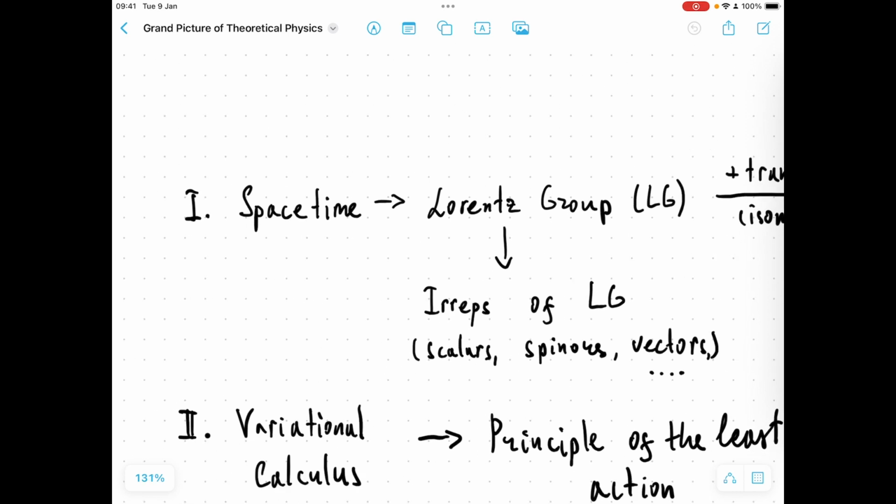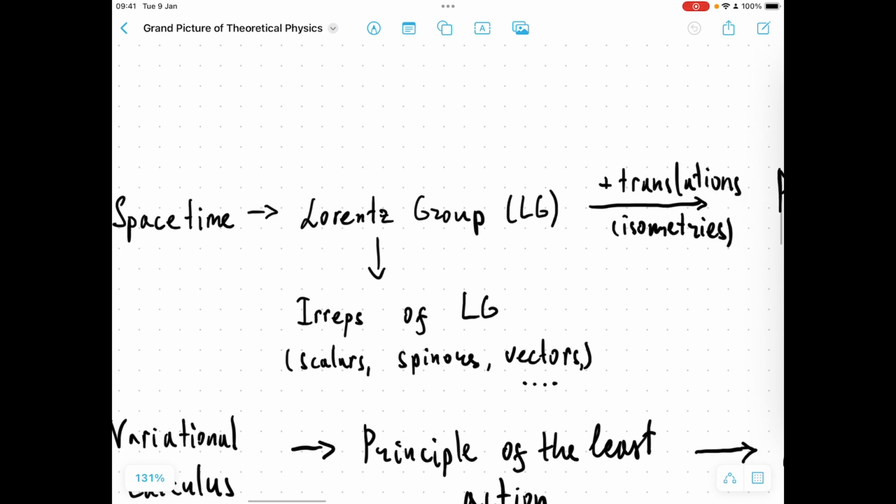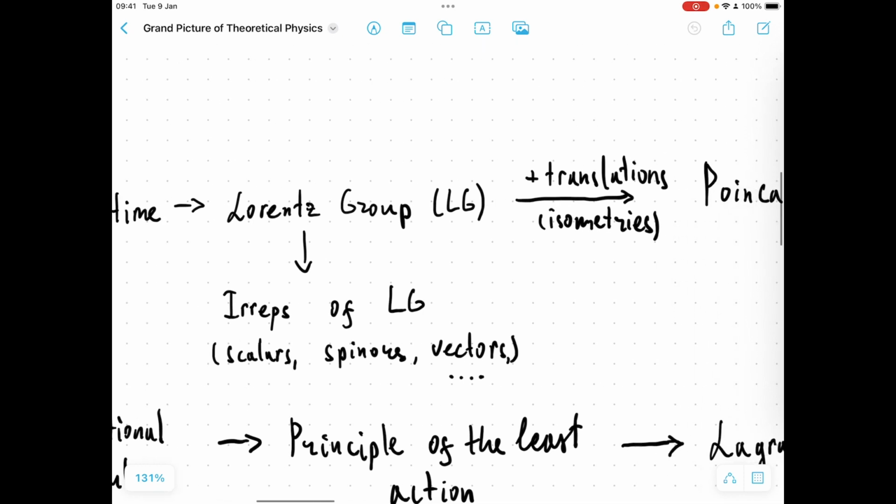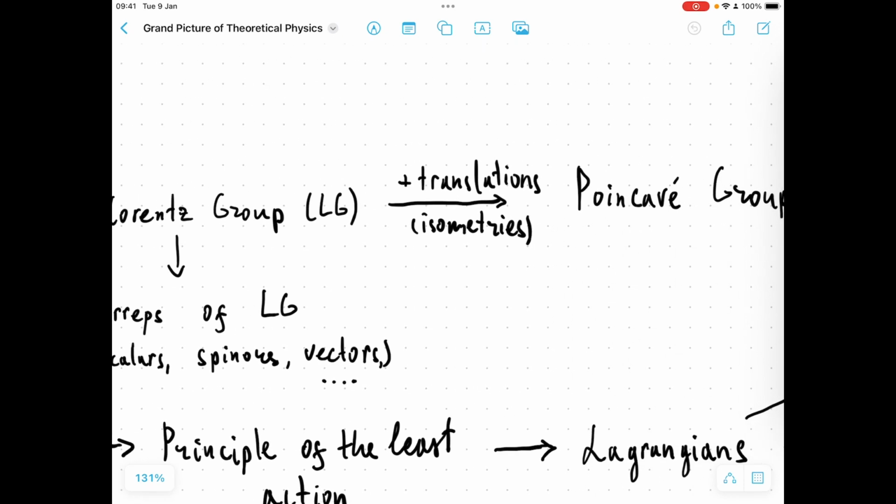The book starts from spacetime and the symmetries of spacetime, the Lorentz group, and the irreducible representations of the Lorentz group. This gives us scalars, spinors, vectors, I mean Maxwell fields.